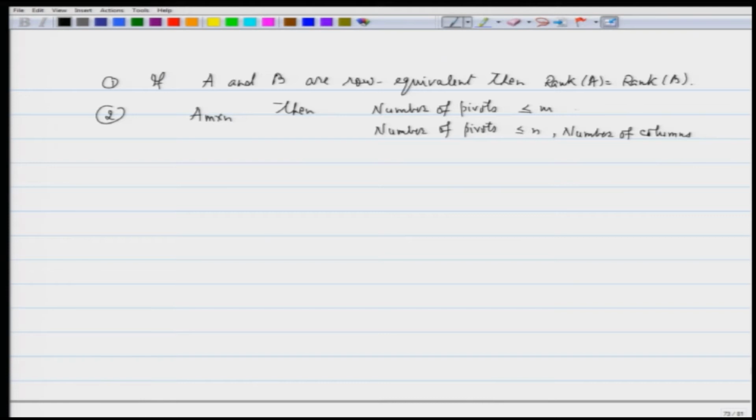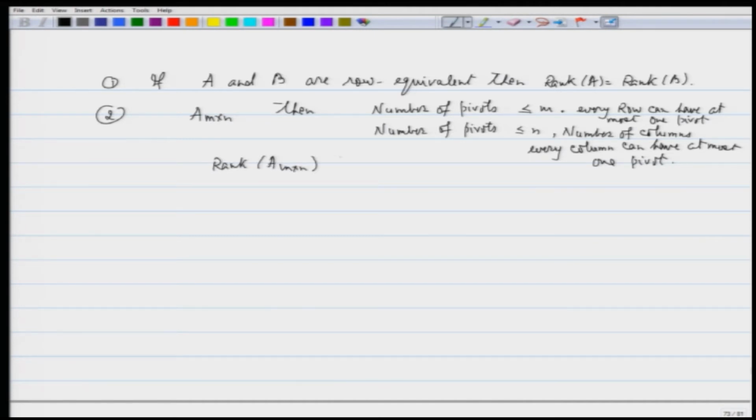So, here it was every row can have at most one pivot. Here it is number of columns, again here every column can have at most one pivot, all right. So, therefore, what we see is that rank of A, which is m cross n, is less than or equal to minimum of m and n, fine.